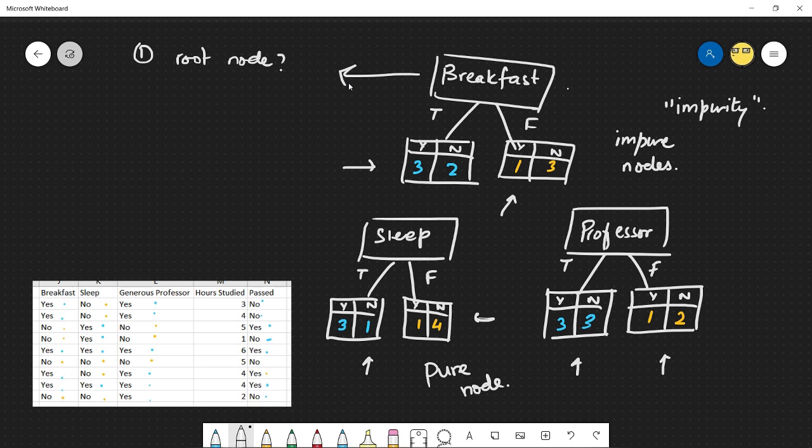So if we are able to calculate and compare this impurity value, then we should be able to say which of these categories should be our root node.